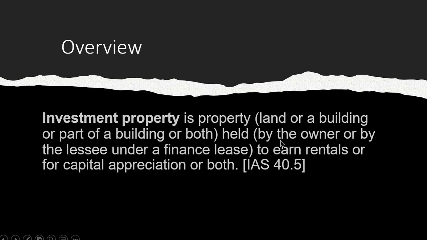Then the said property may qualify as an investment property if we are letting the space to tenants and as a result, the owner will earn rental. Or it can also be for capital appreciation.